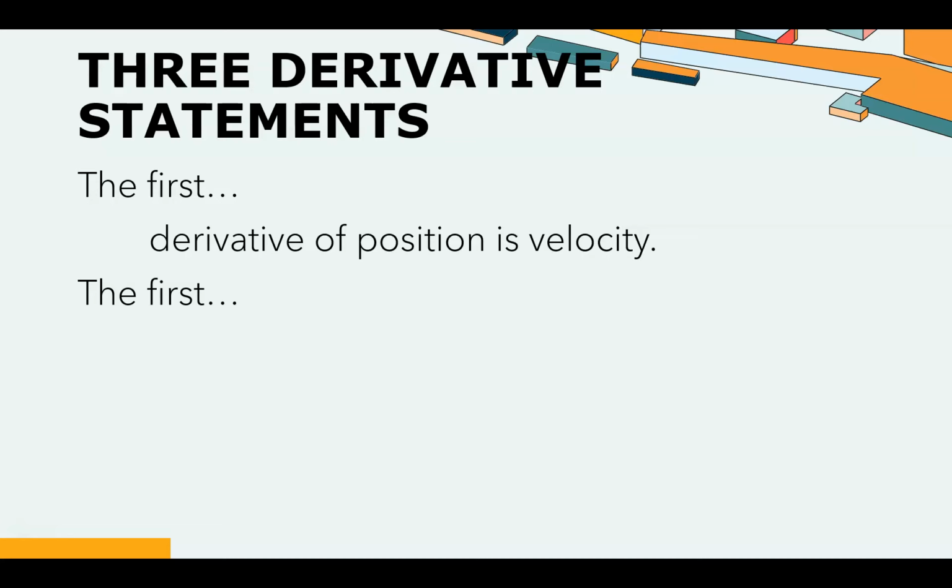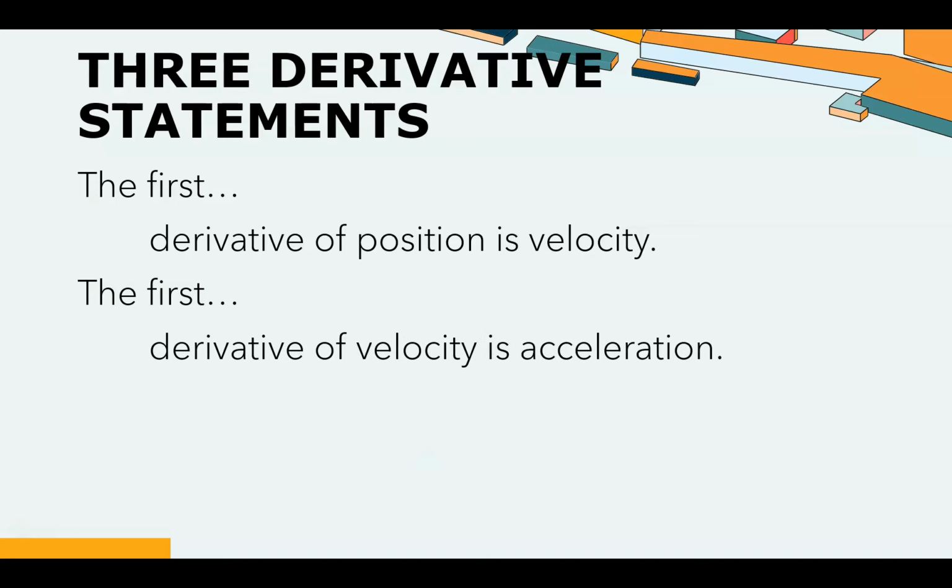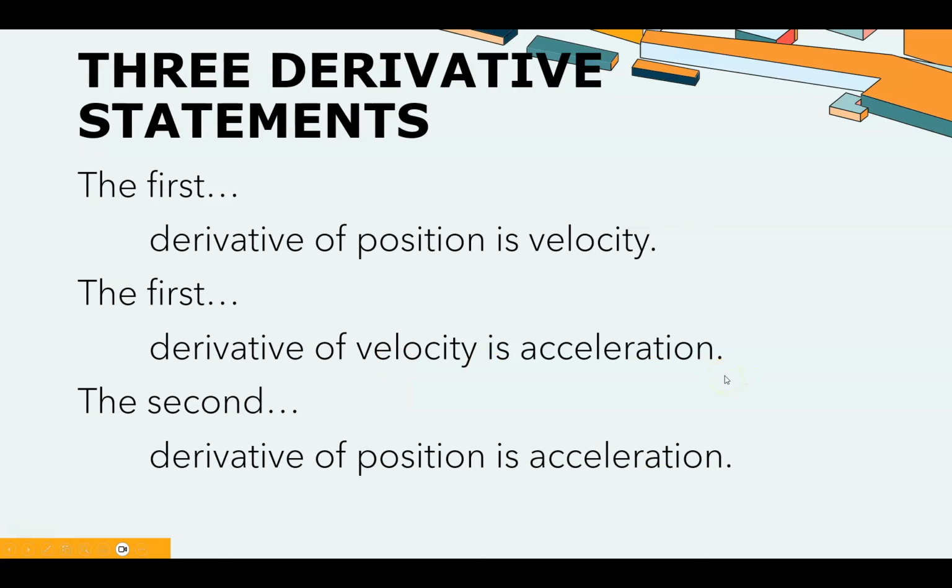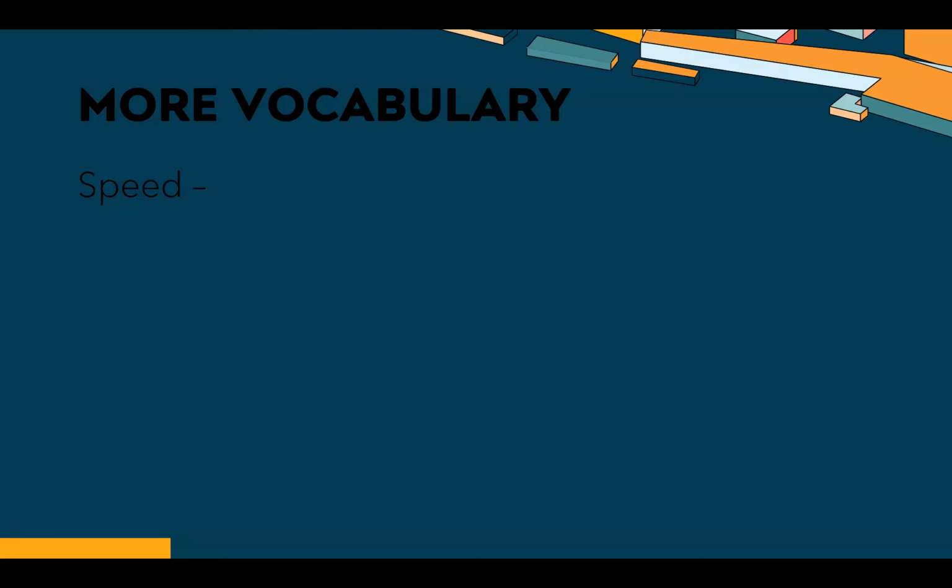So the first derivative of velocity is acceleration. And then we already saw this before, and this one is also about acceleration, but it's not the first, it's the second. And so if the first derivative of position is velocity, and the first derivative of velocity is acceleration, then the second derivative of position is acceleration. And I know it's a lot of words at first here, so let's get into doing some stuff.